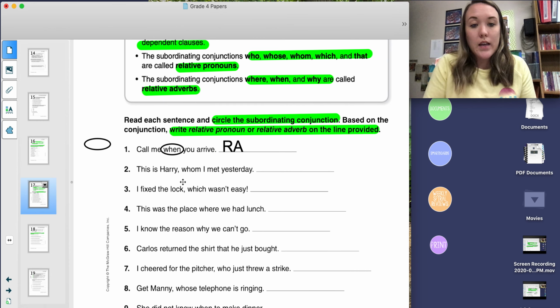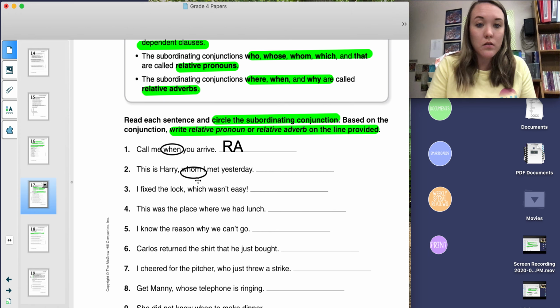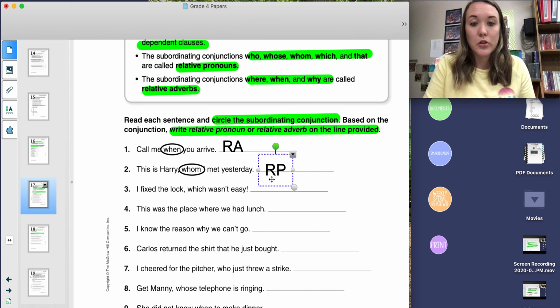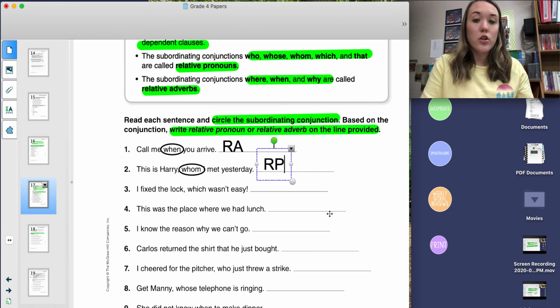Number 2 says, this is Harry, whom I met yesterday. Whom is my subordinating conjunction. And from the box at the top, I notice whom is a relative pronoun. So I'll put RP on the line for number 2. You will need to continue the directions to complete this page for numbers 3 through 10.